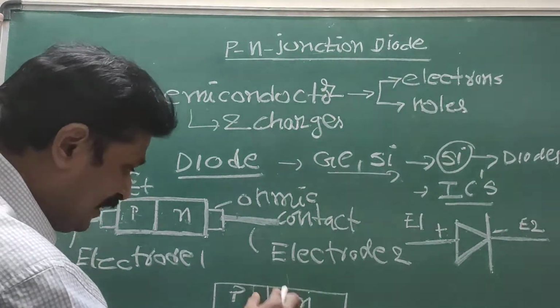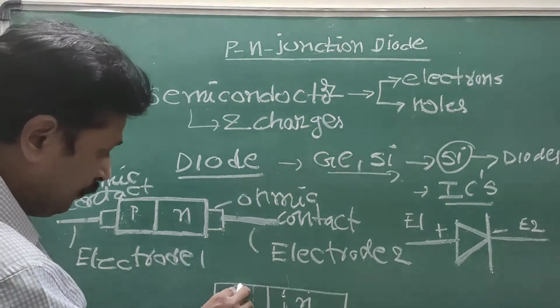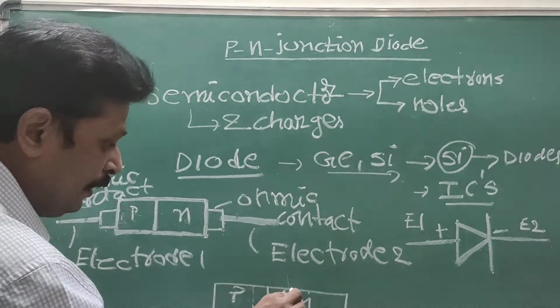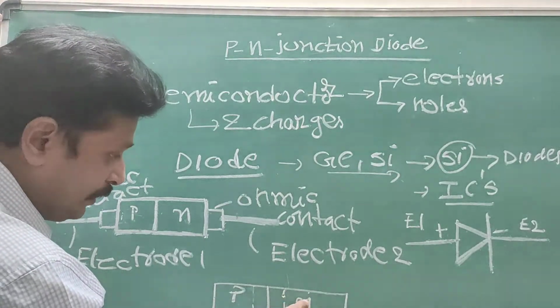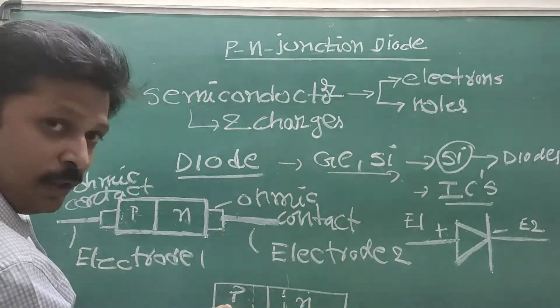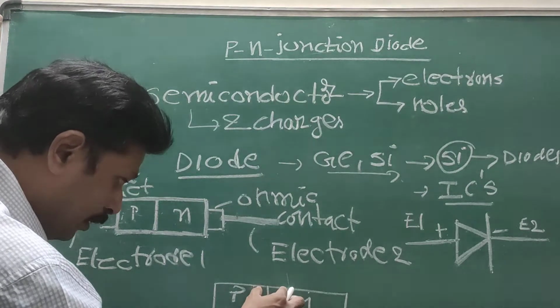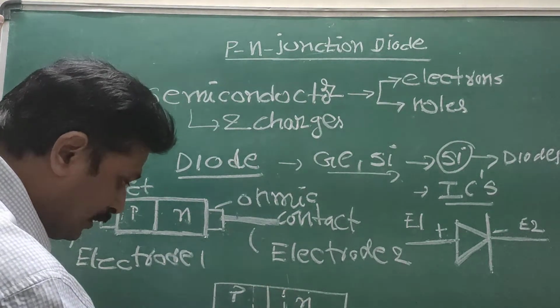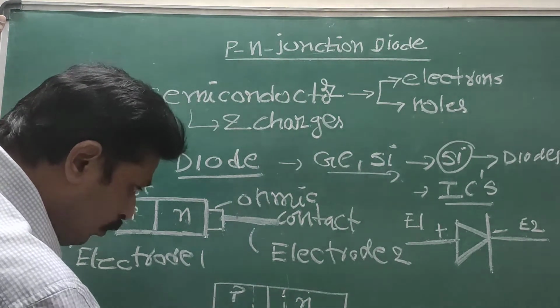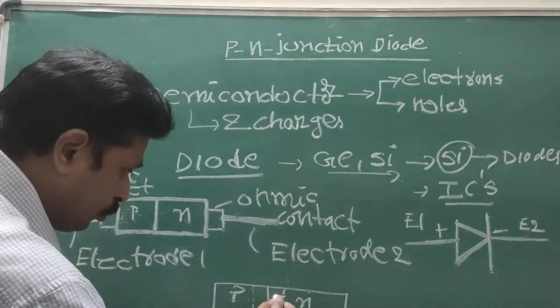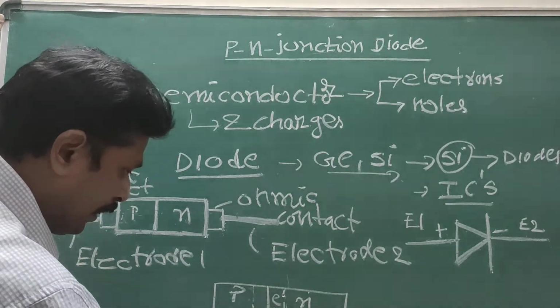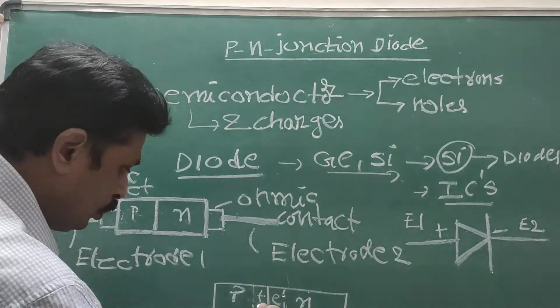This region accommodates some kind of charges, which are coming from P and moving towards N, and which are coming from N and moving towards P. Some charges appear across the junction or around the junction. One is electrons, named as E, and on the other side, holes, like this.